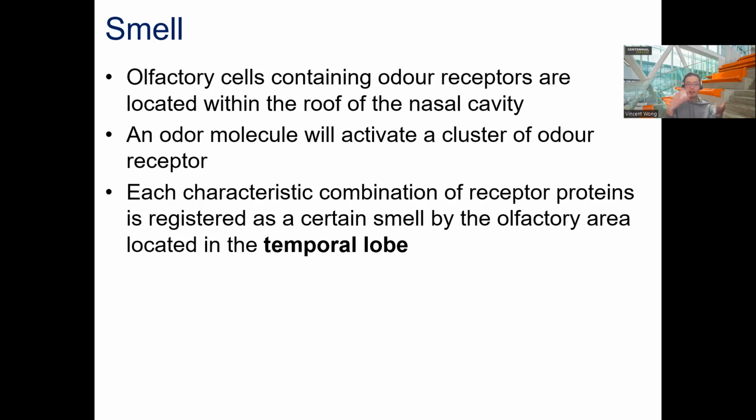You literally would run out of space in the nasal cavity. So rather than having one receptor for each smell, you have a group of them, so that when a particular odor is present, it creates what we call an odor signature, okay? And then your temporal lobe interprets that signature as a particular smell.